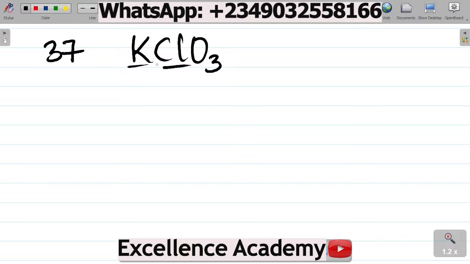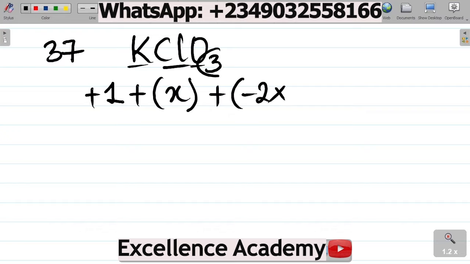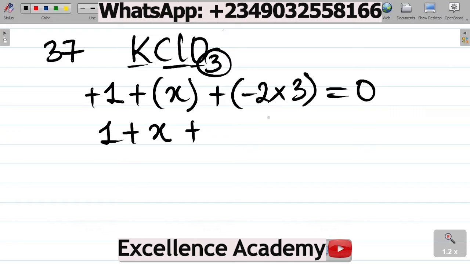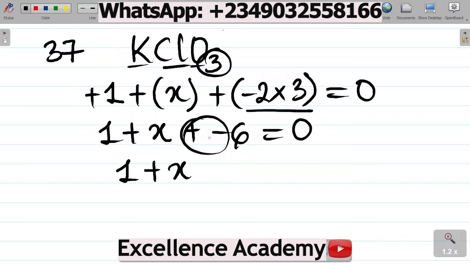For potassium, we know that the oxidation number is +1, plus chlorine is unknown, we'll call it X, plus for oxygen, the oxidation number is -2 times the number of atoms there, 3. We'll equate this to 0 because there's no charge here, no plus, no minus. It's a neutral compound. This becomes 1 plus X plus -2 times 3, which is -6, equal to 0.